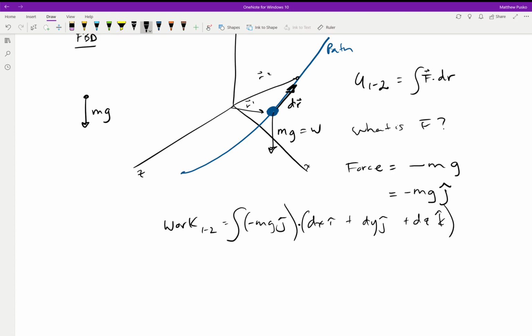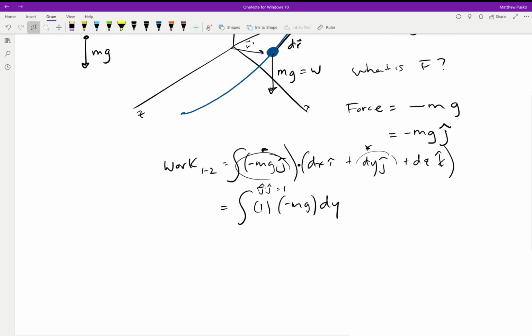And these are dotted, so both of those are vectors. What we notice is that the only components that matter are these j components, because when you take the dot product, only like components multiply together, the rest turn to 0. So j times j is equal to 1. We have a minus mg from right here, and a dy.